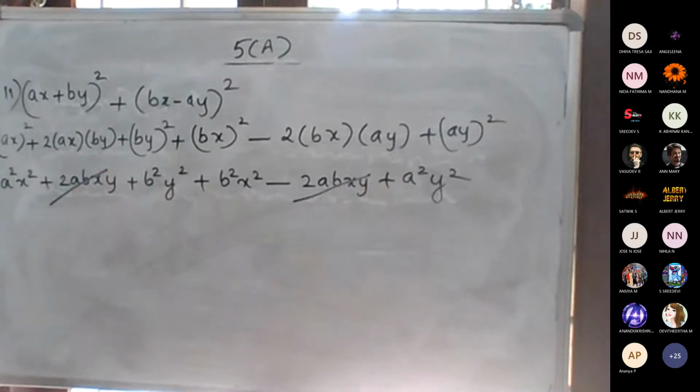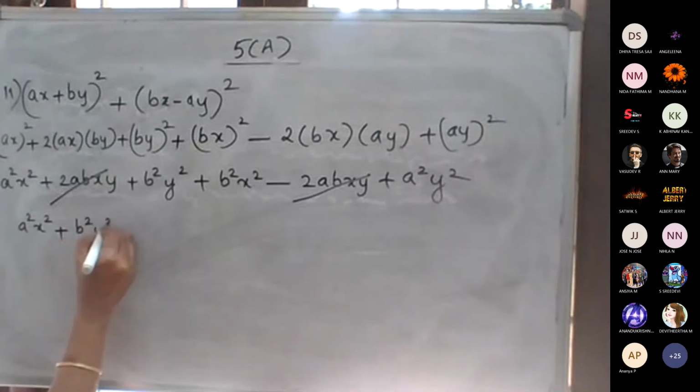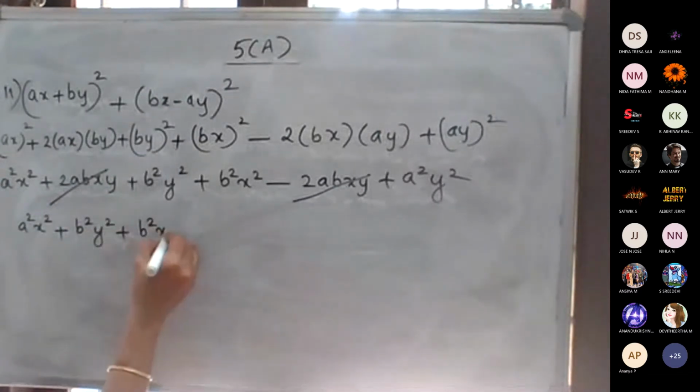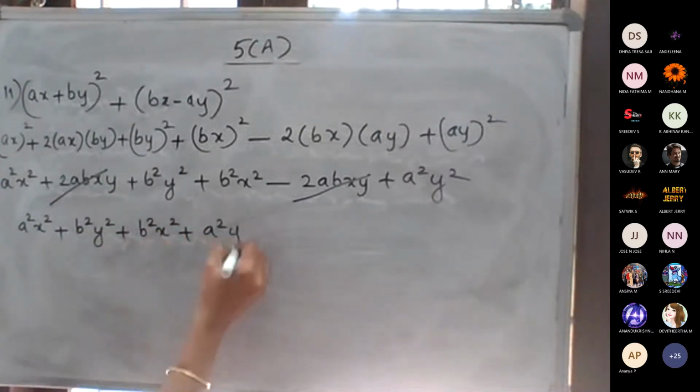The 2abxy terms cancel. So the balance we will get is a square x square plus b square y square plus b square x square plus a square y square. Any doubt up to this?